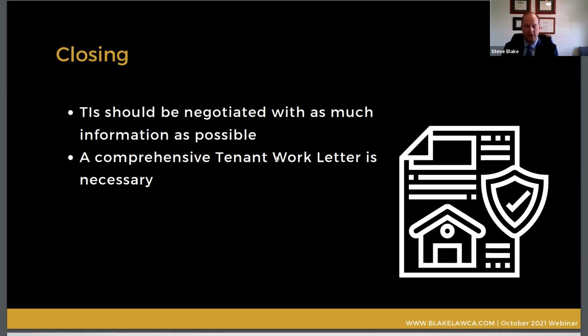It doesn't hurt to get a rough estimate from a contractor up front so you know what you're dealing with in terms of what the ultimate cost and timeline is going to be before you start agreeing to do things in the lease. And then who's going to pay for it is obviously important. So the more information both the tenant and landlord have, the more beneficial the conversations regarding the tenant improvements will be. And then you can get it all documented into a nice tenant work letter, and the parties can hit the ground running.